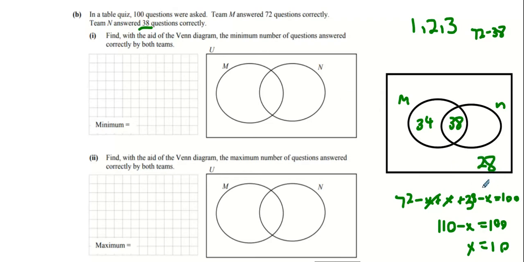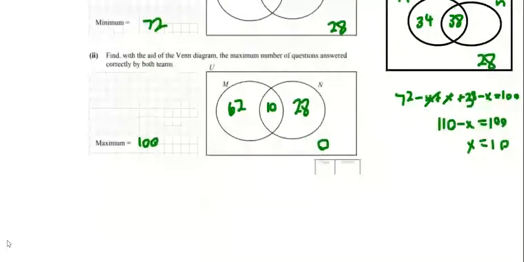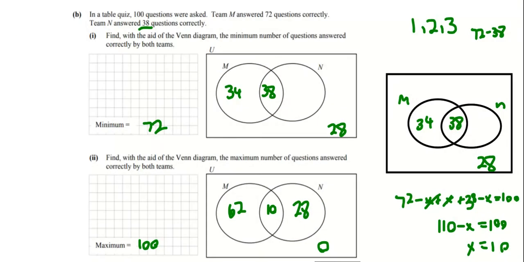This will be the minimum amount of questions answered correctly by both teams. So this would be 28, this would be 34, and this would be 38. And in the other case we had 10 in the middle, 62 here, 28 here and 0 here. So the maximum number of questions answered correctly by both teams would be 100. The minimum would be 71 or 72. Okay, and we're done. So that's 1, 2, and 3.